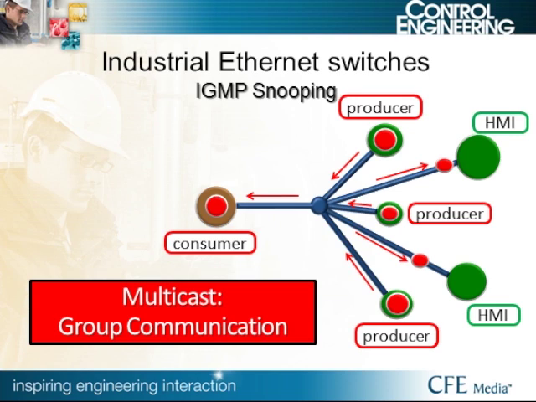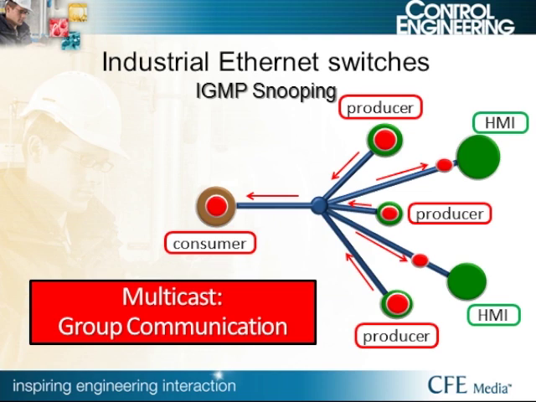For networks that use this producer-consumer control protocol, use managed Ethernet switches and make sure to enable IGMP snooping. IGMP snooping will switch those multicast packets from the producers, which are the VFDs, servos, and I/O devices, to the consumers, which are the PLCs. This will improve the response time of your HMIs.